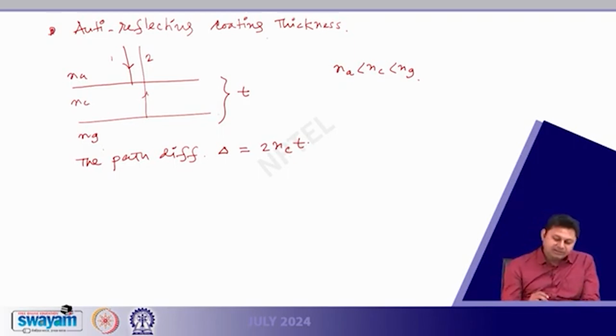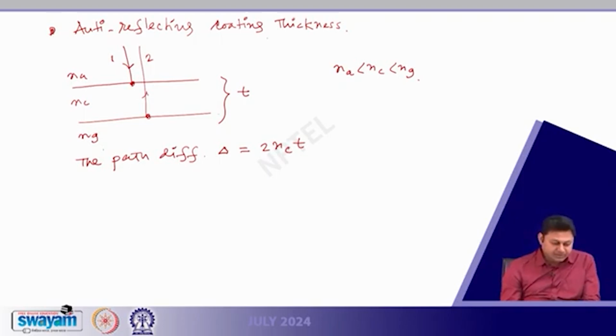Note that here ray 1 will be reflected from this interface, and ray 2 will be reflected from that interface. But in both cases, the reflection happens from a rarer medium to a denser medium. So, that means in both cases there will be a pi phase change, and these two basically cancel out.